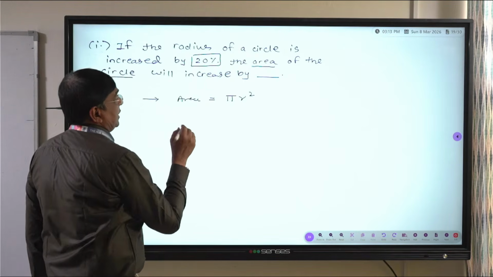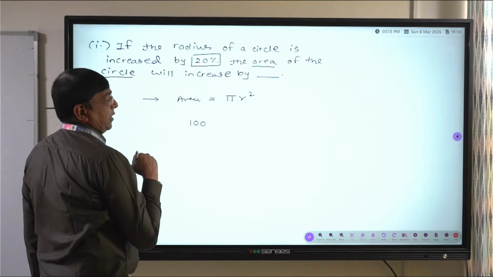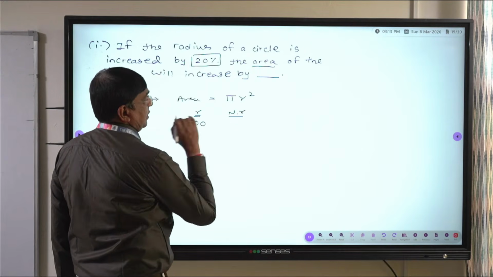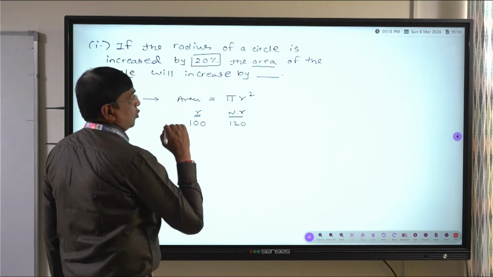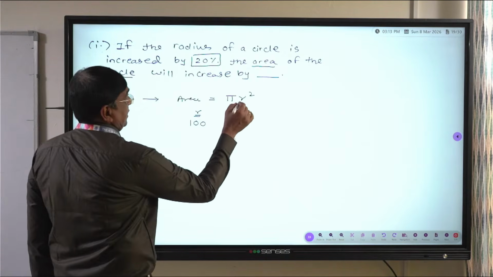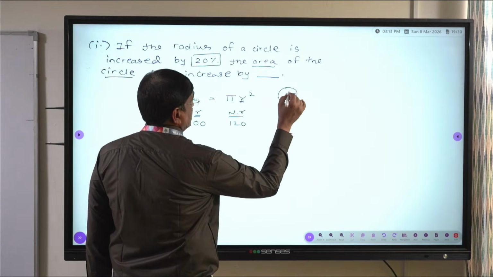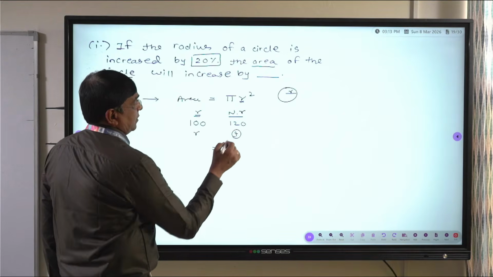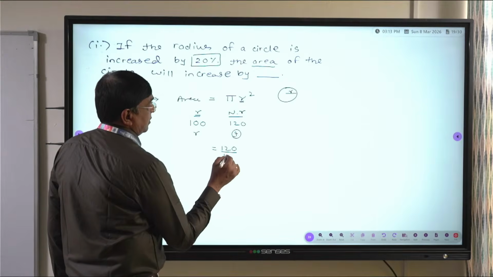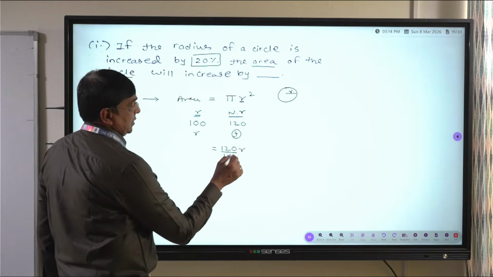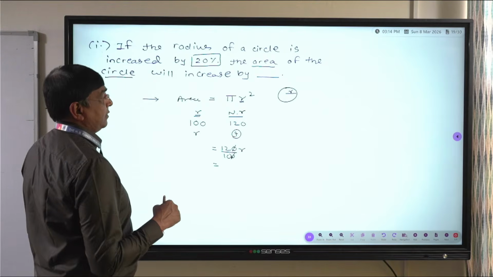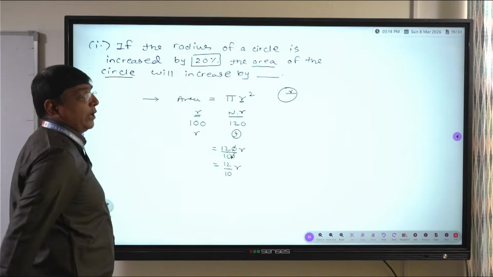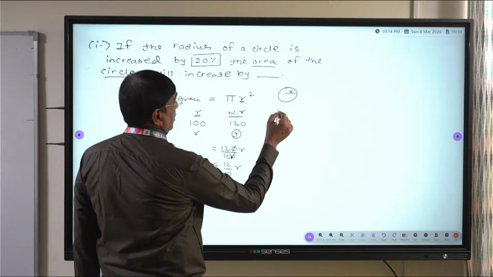If the radius is 100, then what will the new radius be? 120. But our original radius is r. So the new radius will be 120 by 100 r, which is 12 by 10 r, the new radius of the new circle.